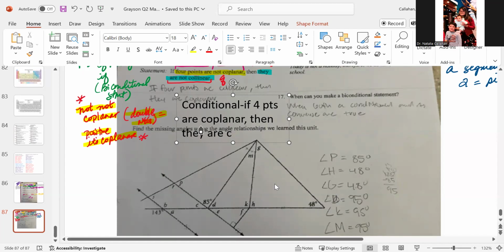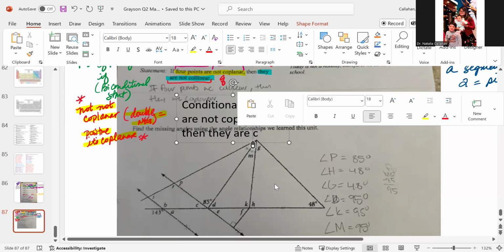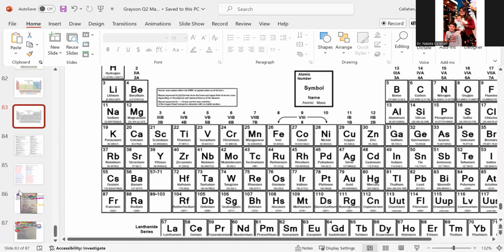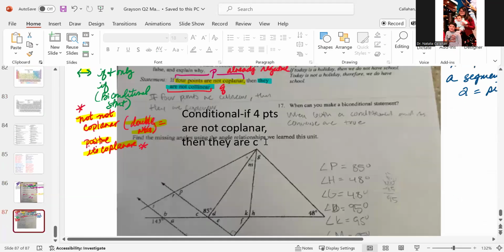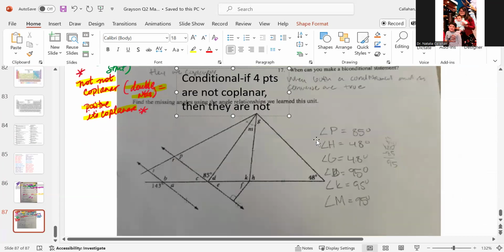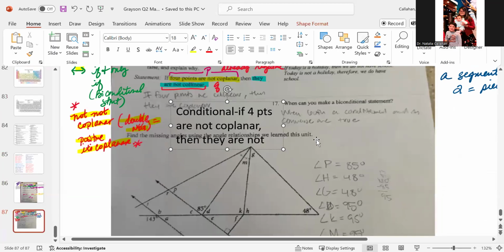Remember, the P is if 4 points are not coplanar. Is that conditional? I think so, because conditional will be if P, then Q.